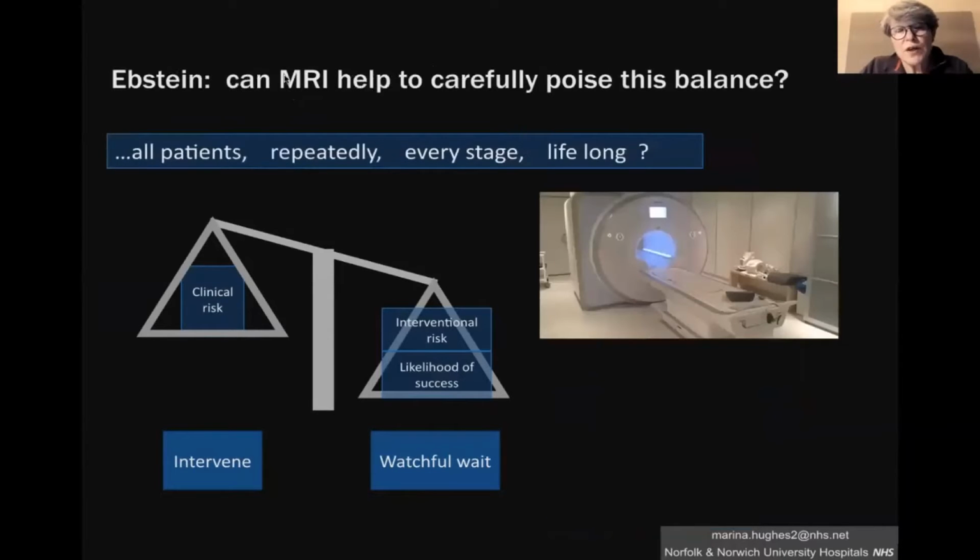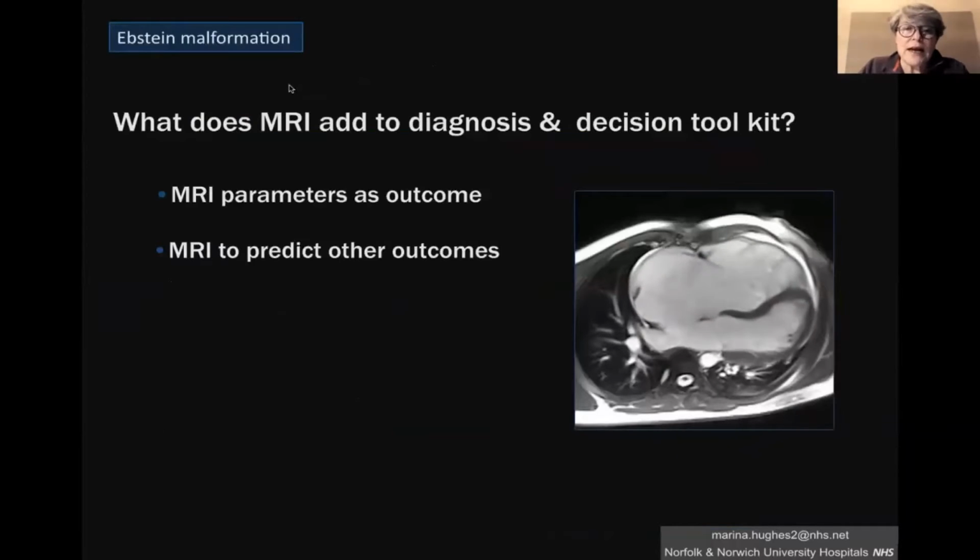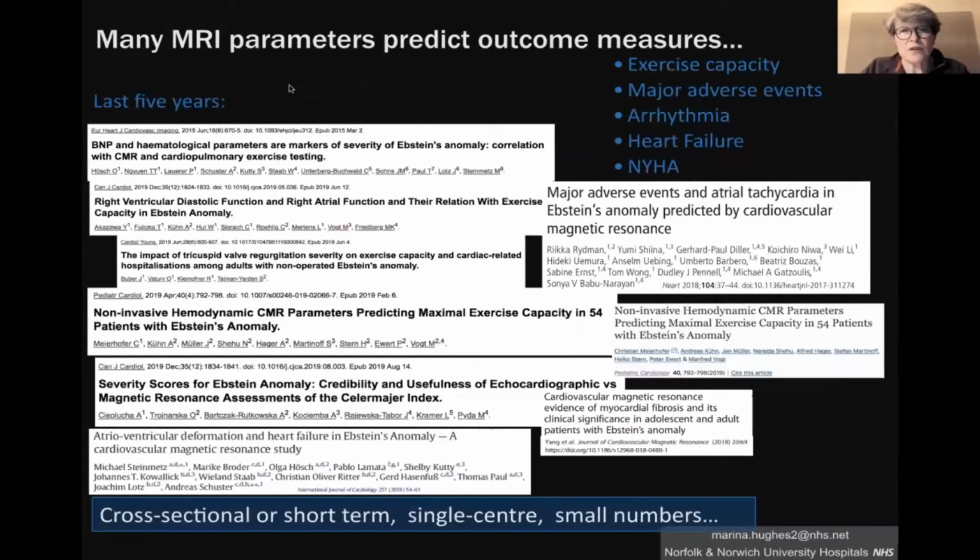And the question is whether MRI can help to poise that balance for all patients repeatedly at every stage for life. And I put it to you that MRI does help that balance, and the parameters from cardiac MRI can be outcome measures themselves or can be used to predict other outcome measures.